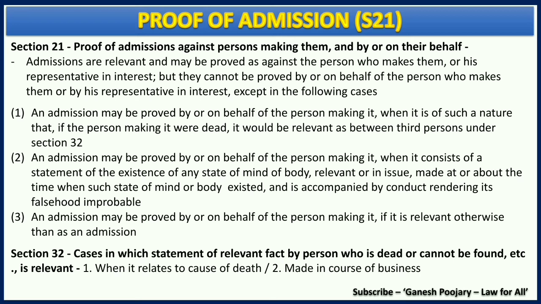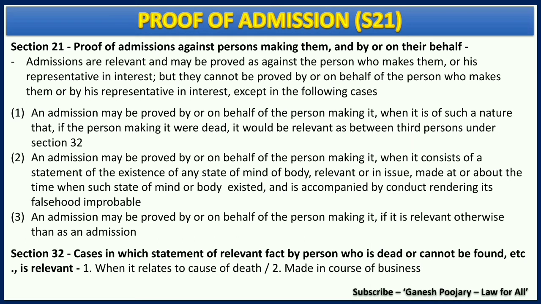However, there are three exceptions given here. So basically under section 21, the admission is not only against the party which is making it, but it can also be to the benefit of the party which is making it under three different circumstances. That is why the second part of the section says "and by or on their behalf." Now what are the three circumstances?